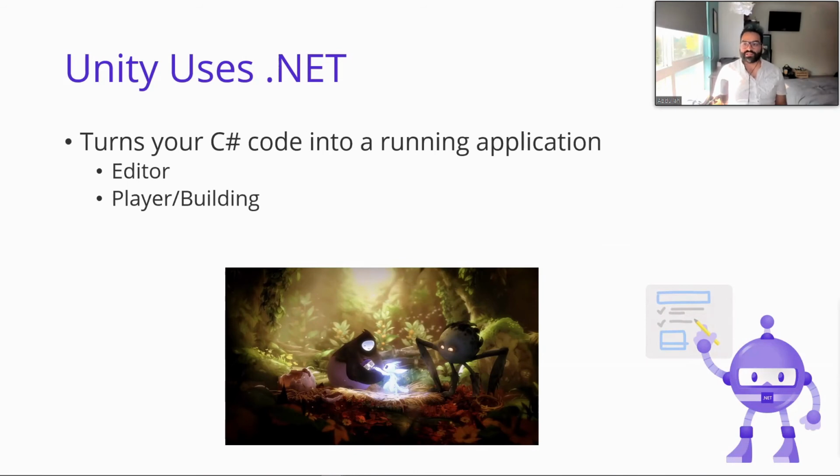But it also happens when you actually build. At the end of the process, when you actually build the game, it uses the runtime to turn the game into an executable. And that's what really enables you to code once and run everywhere. You can run your games everywhere you want, VR experiences, simulations, anything that Unity supports.